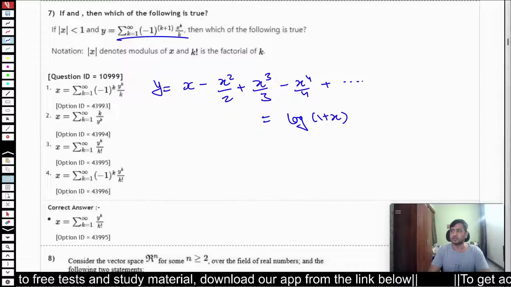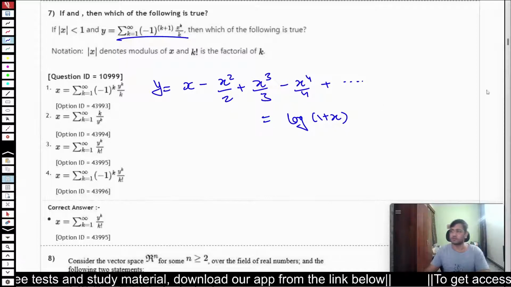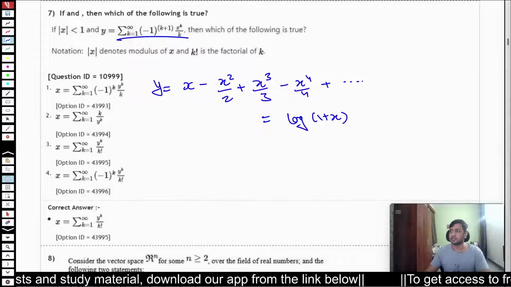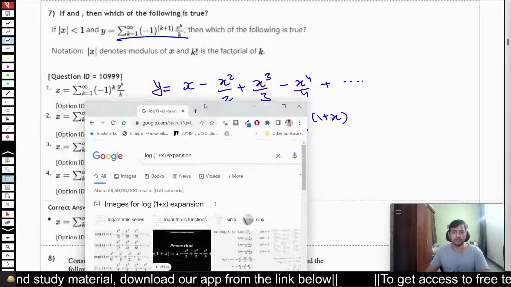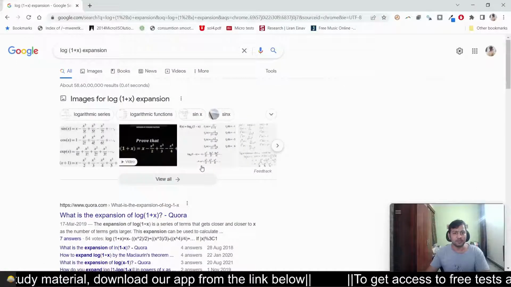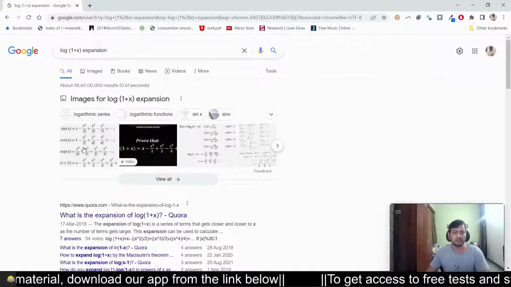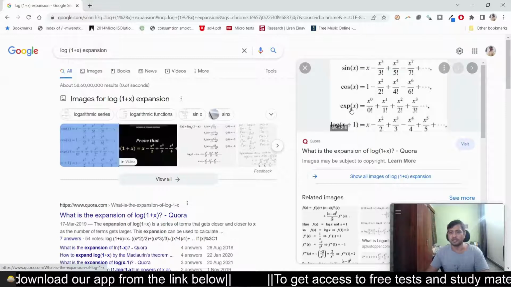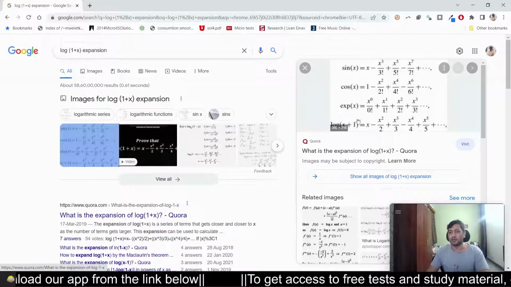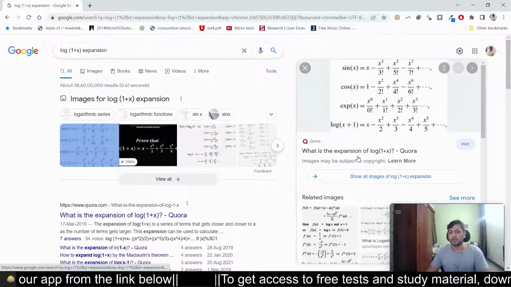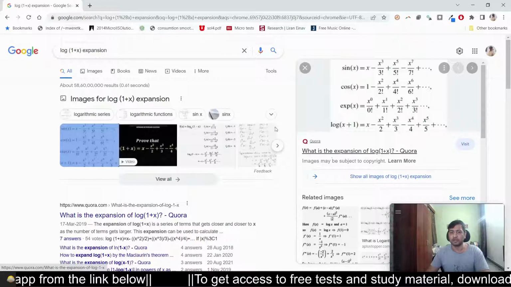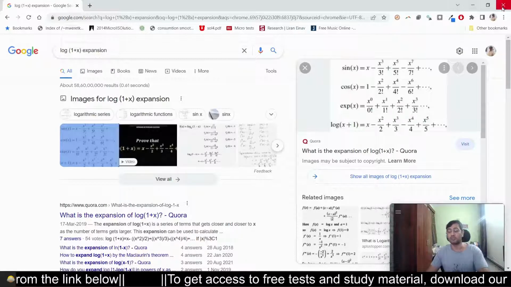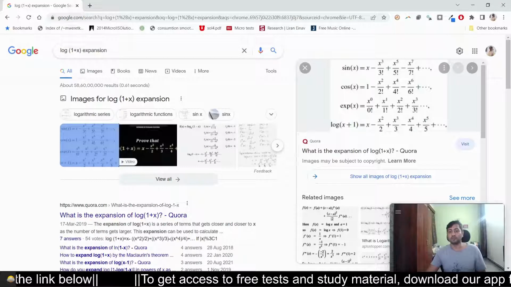So if you just Google log 1 plus x expansion, you will get the expansion of all these series, which are very important. So sin x expansion has never been asked, but the expansion of log x plus 1 and other things. So as you can see, expansion of e to power x and expansion of log x plus 1. So these are important things which you must know. So if you don't know, just Google them.